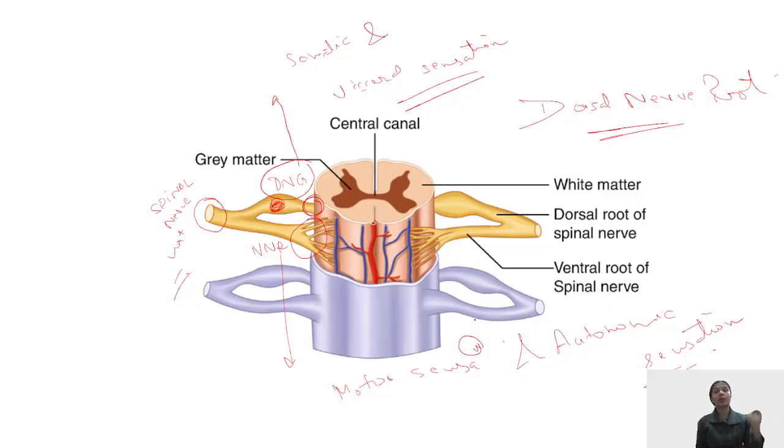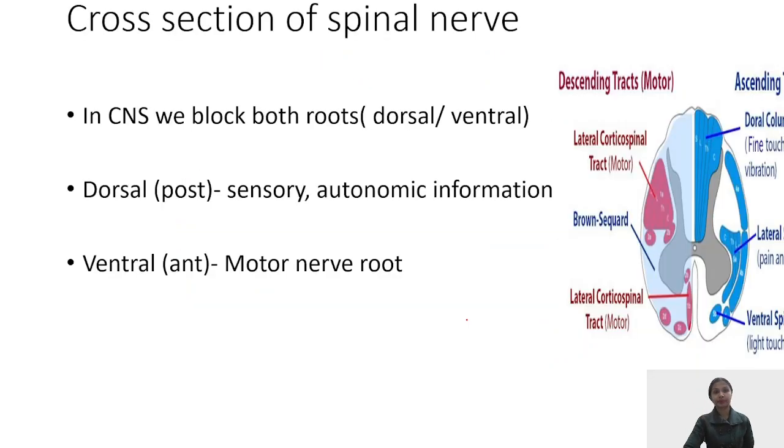I hope this is very clear. Dorsal nerve roots are responsible for somatic and visceral sensations, that is sensory, okay? And motor and autonomic information are carried by the ventral nerve root.